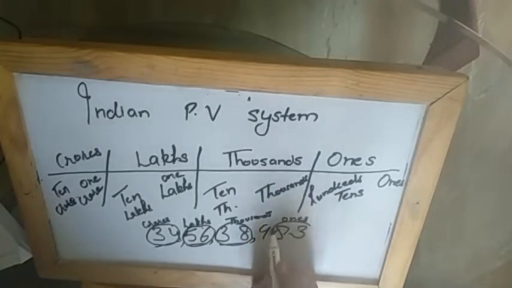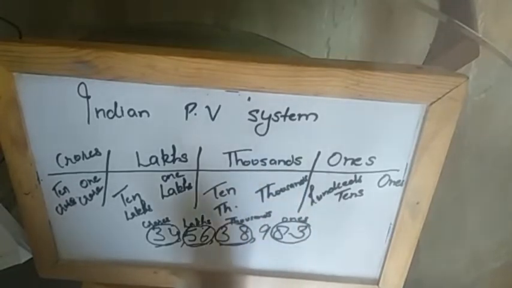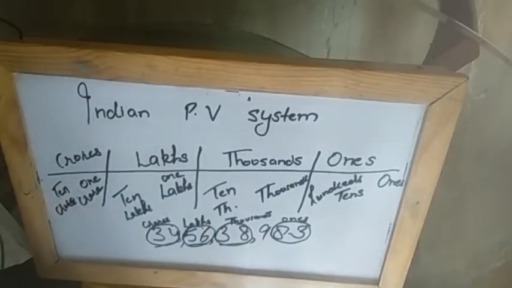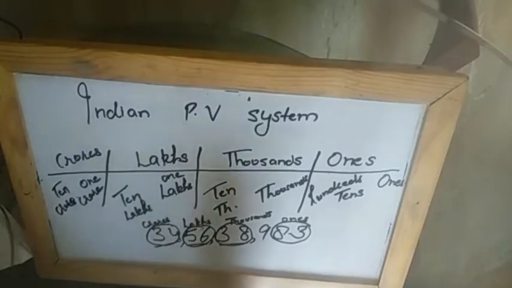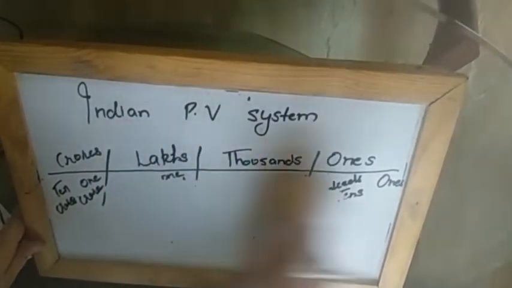Now the last 3 digits we read together, so this will be 983. So this becomes 34 crores 56 lakhs 38,983. So this is how we read and write the numbers according to the Indian place value system.